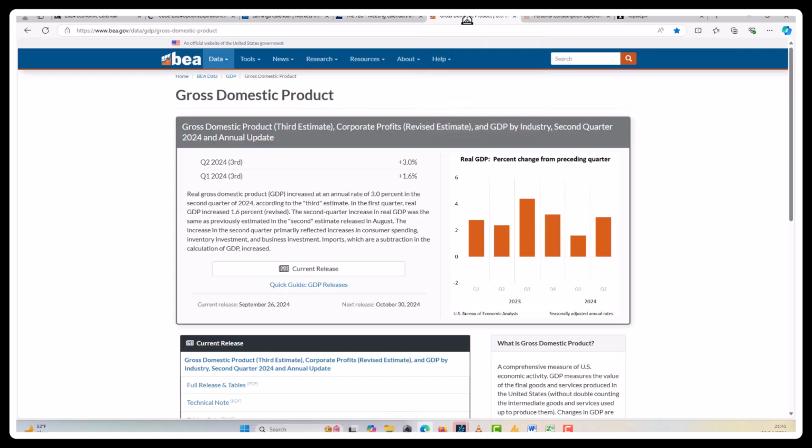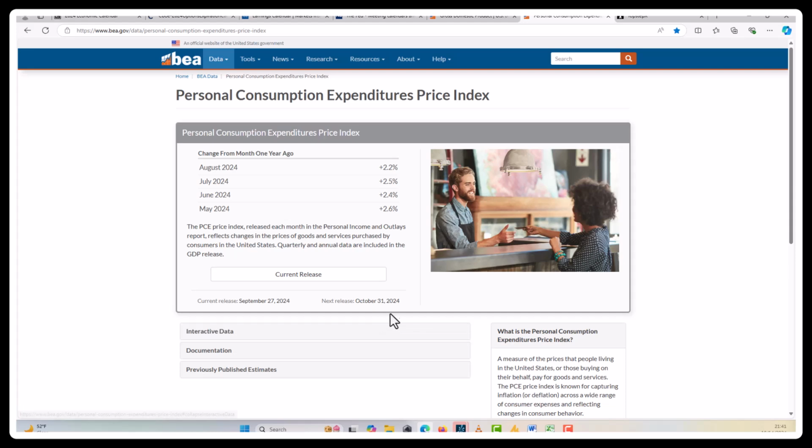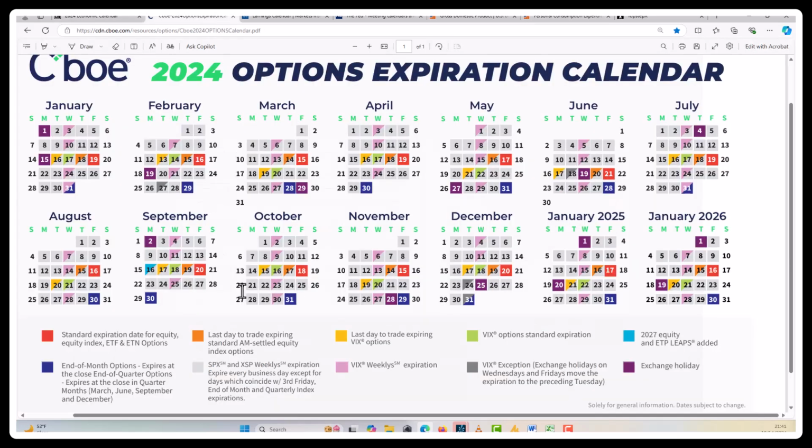At the end of this month, we're looking for the GDP data on Thursday, October 30th, and then on Friday, October 31st for PCE data. Actually, the 30th and 31st will be Wednesday and Thursday, not Thursday and Friday.